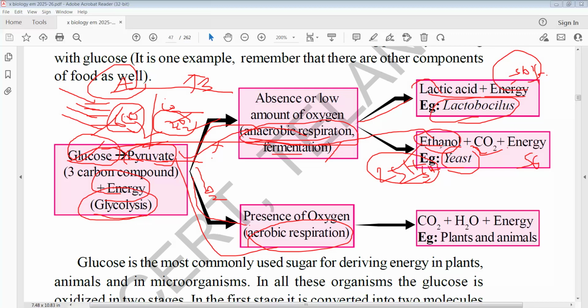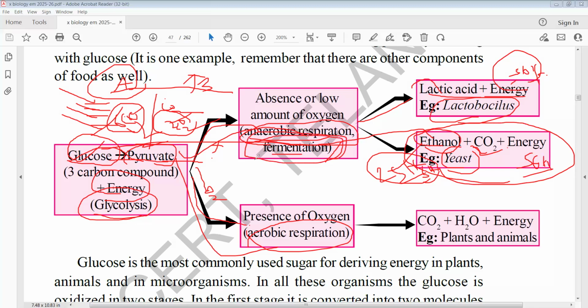The end products of anaerobic respiration are three: ethanol, nothing but ethyl alcohol, carbon dioxide, and energy. The chemical formula of ethanol is 2C2H5OH. How many molecules of CO2 are released? Two CO2s. And how much energy? 56 kilocalories. This process is called fermentation.